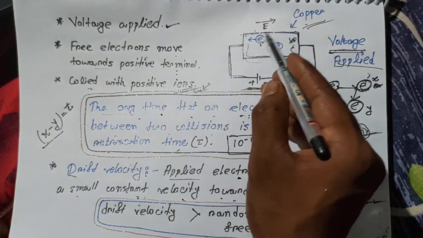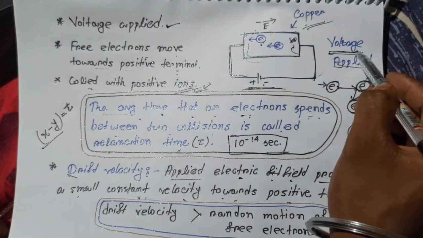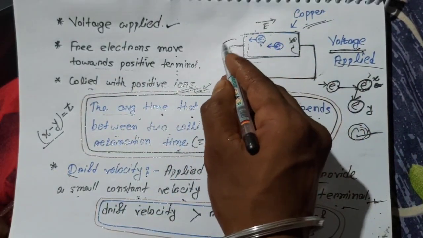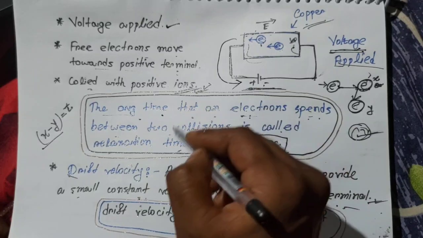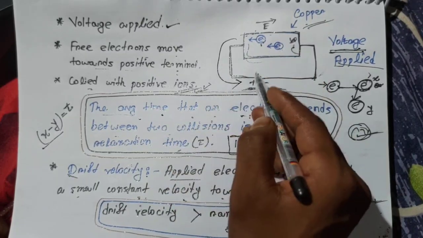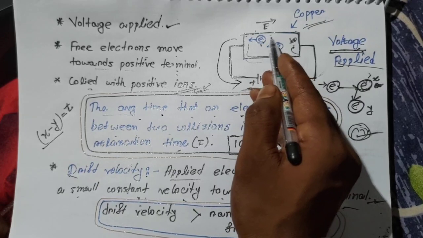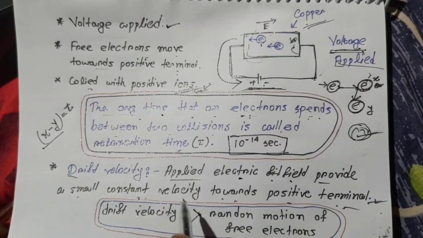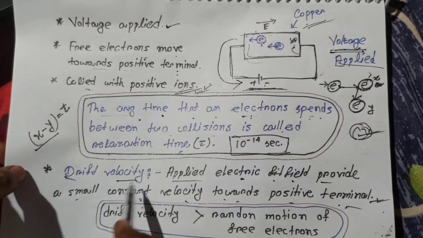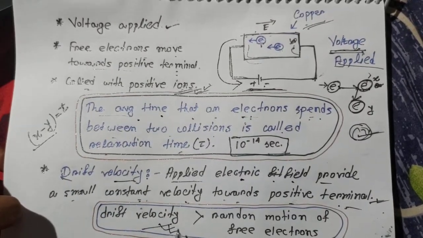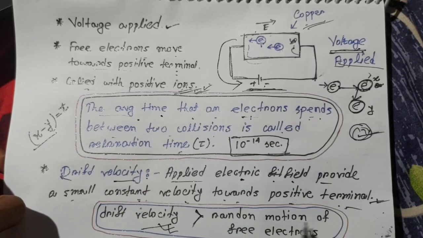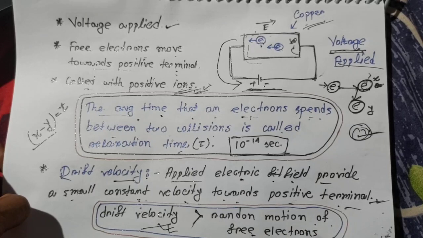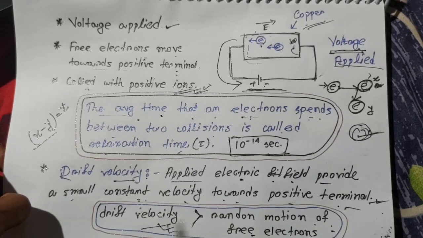Okay, when we apply the voltage, these electrons get some velocity so that they can move towards the positive terminal. They start moving. So that is called drift velocity. Drift velocity is always greater than the random motion of free electrons.